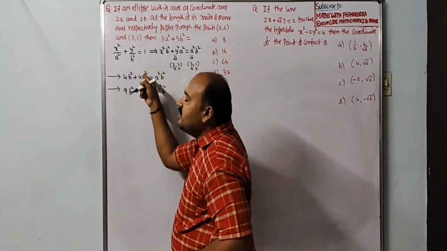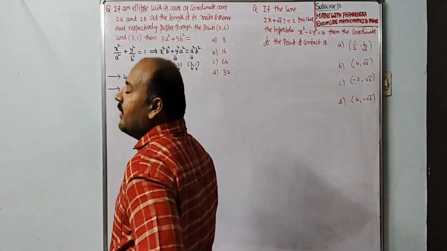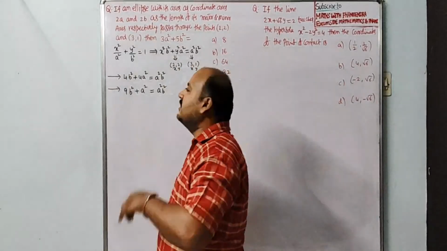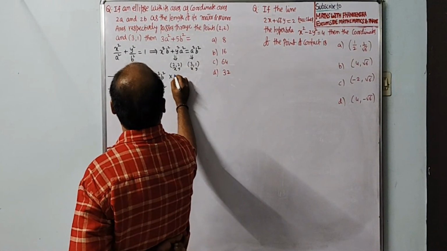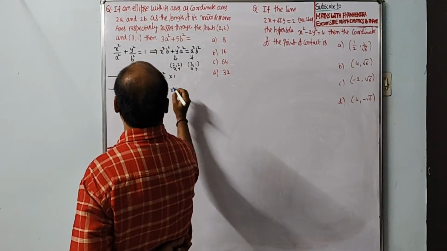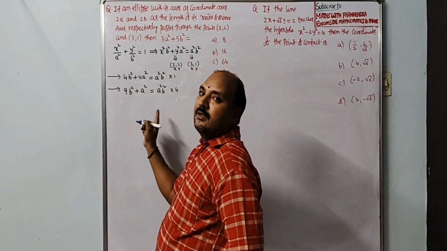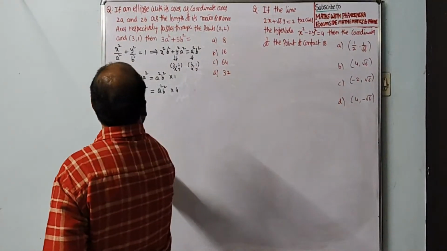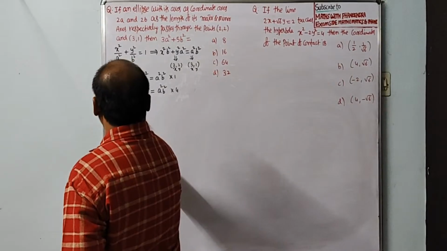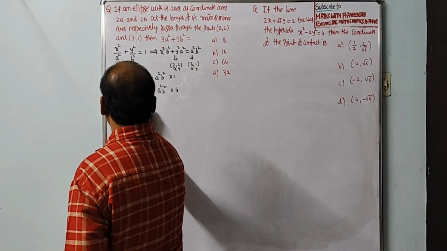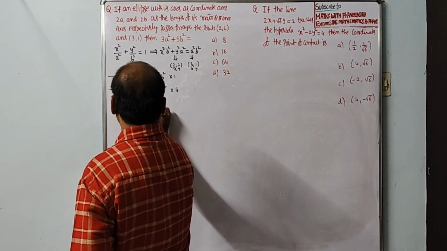I am going to solve these two by eliminating either a square or b square. So this equation multiplying by 1, this equation multiplying by 4 to eliminate the a square value. So what happens after multiplying that? 4b square plus 4a square is equal to a square b square.